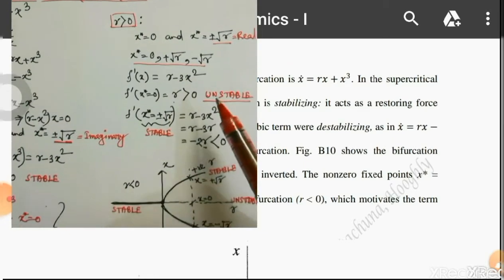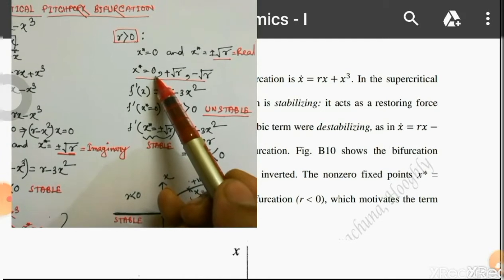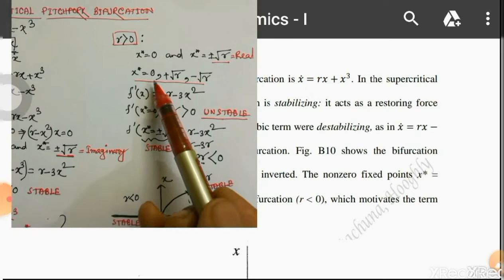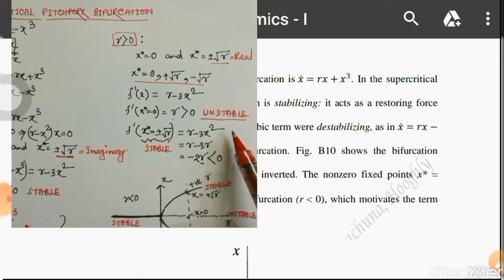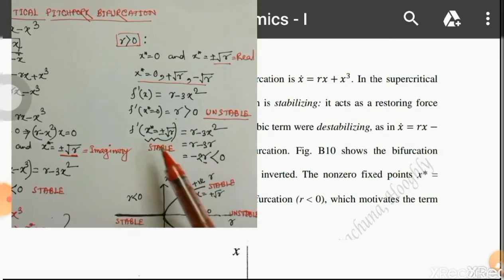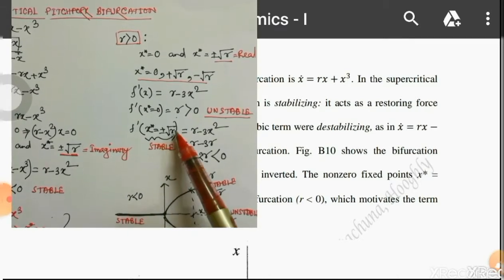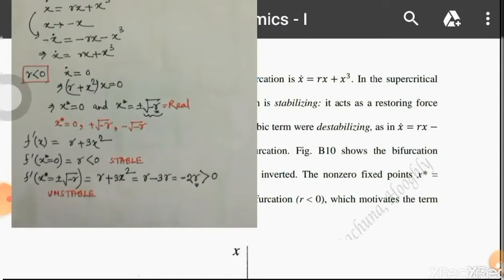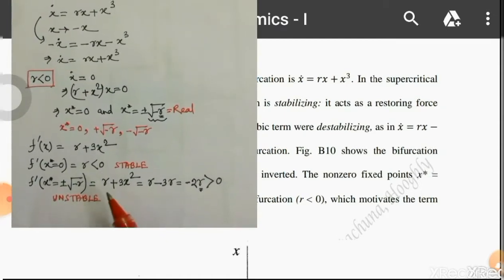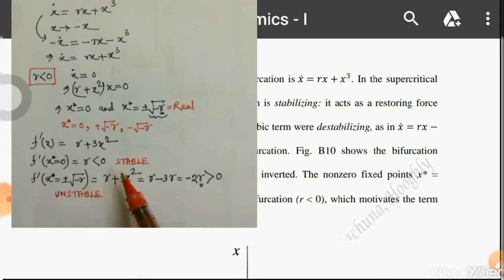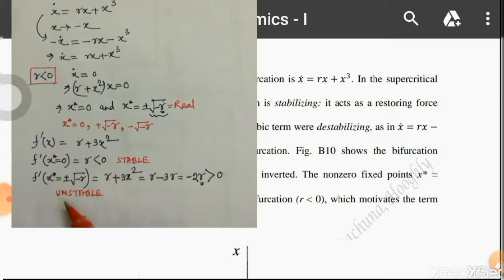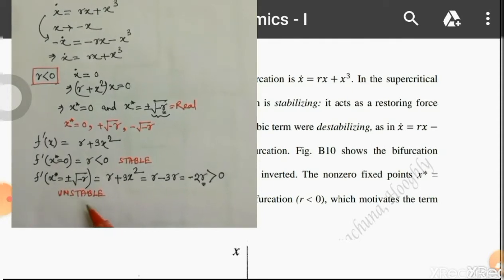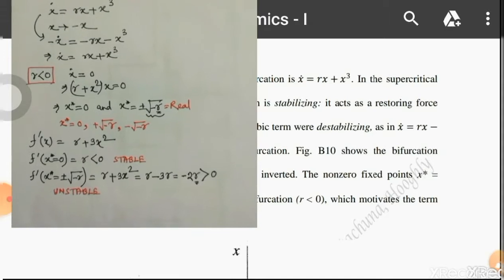There were three fixed points, x equals 0 and x equals plus minus root of r, but x equals 0 was an unstable fixed point, whereas the other two, plus minus root of r, were stable. Now the condition is just inverted: x equals 0 is a stable fixed point and the other two fixed points are unstable.